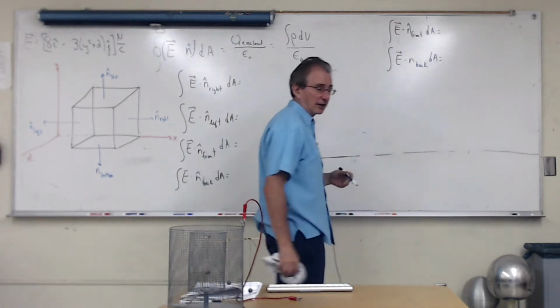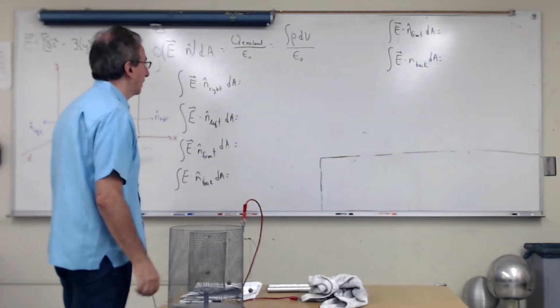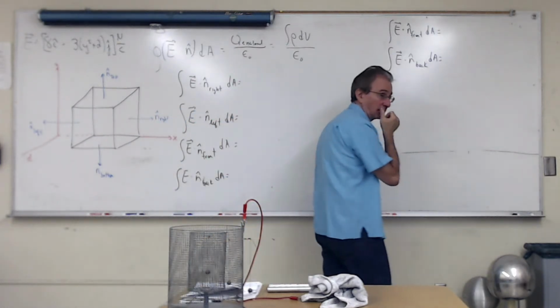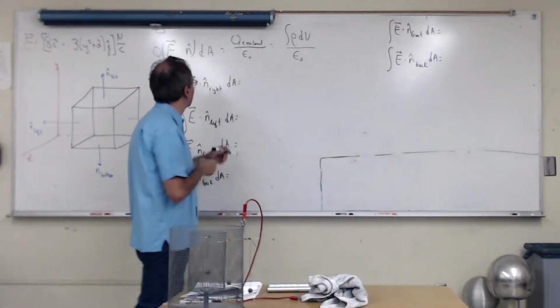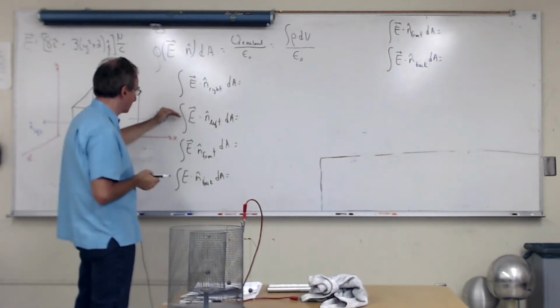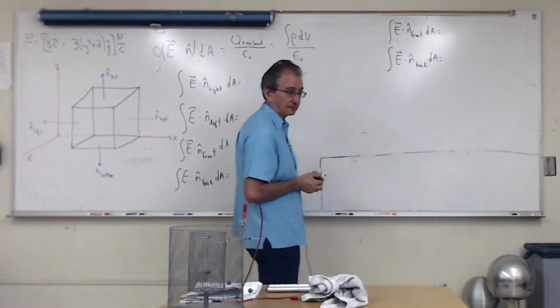And the area of each side of the box is 2 by 2, so it's 4 square meters. Okay, so I want to calculate all these integrals, so I can get the charge enclosed. So the total, my result is going to be this integral plus this integral plus this integral plus that integral plus that one plus that one. Okay.